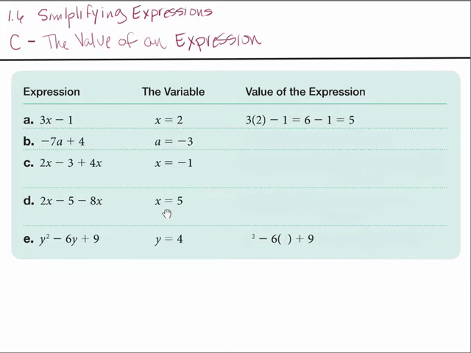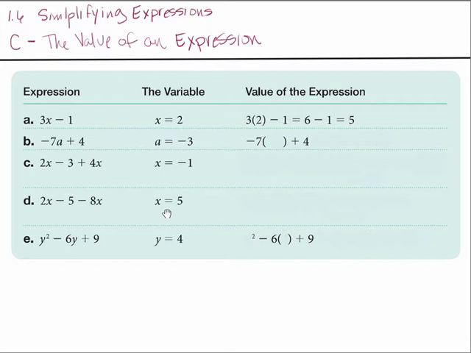For our next expression, we're asked to find the value of -7a plus 4 when a is -3. So let's rewrite the expression with a blank space instead of the variable. The blank space gives us a place to write in the value we're given for a.